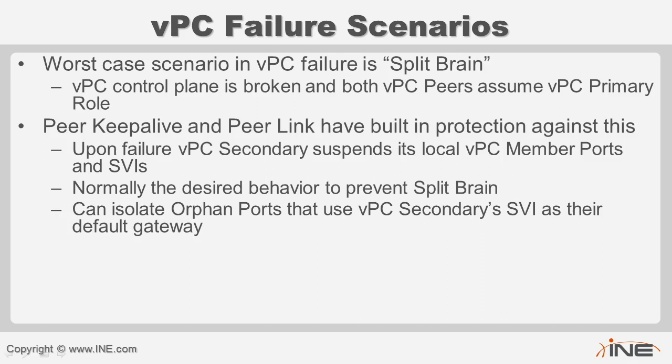As we talked about before, an orphan port is a layer 2 link connected to the vPC peers that is single connected either to the vPC primary or to the vPC secondary. The issue we run into is that the orphan ports don't follow the same data plane forwarding as the normal member ports do.